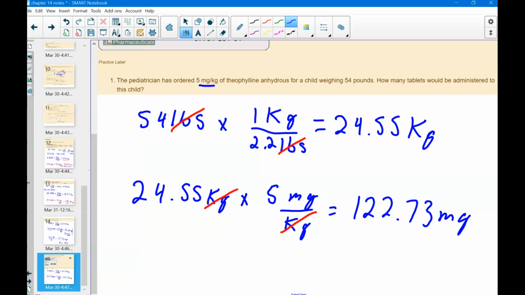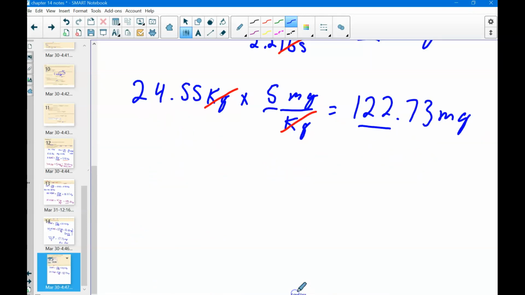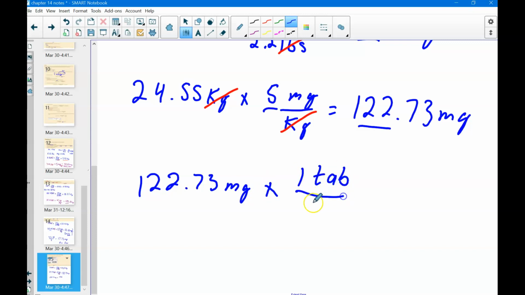This question says 5 milligrams per kilogram. Child weighs 54 pounds. How many tablets will be administered to the child? Well, we have 24.5 kilograms, 5 milligrams, works out to this number here, tablets come in 400 milligrams per tablet. Let's take that number here. So we're using dimensional analysis again, 122.73 milligrams multiplied by 1 tablet over 400.